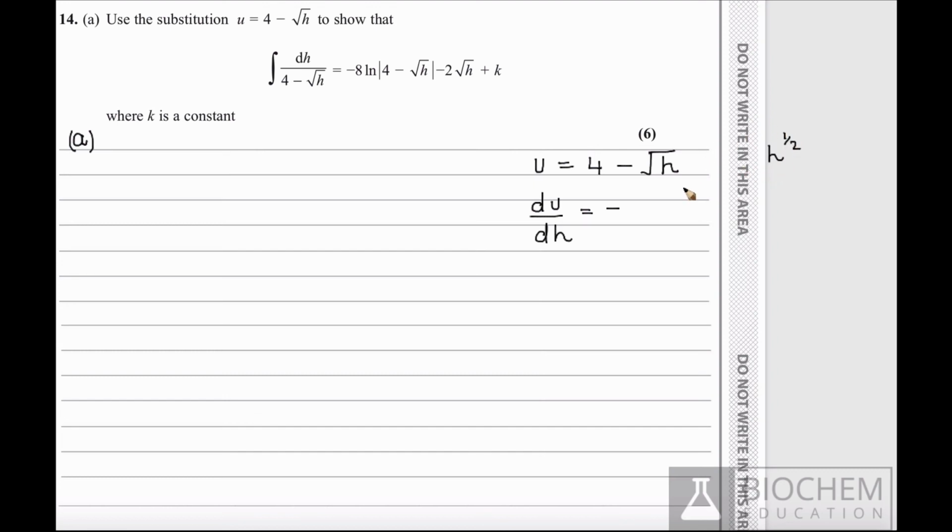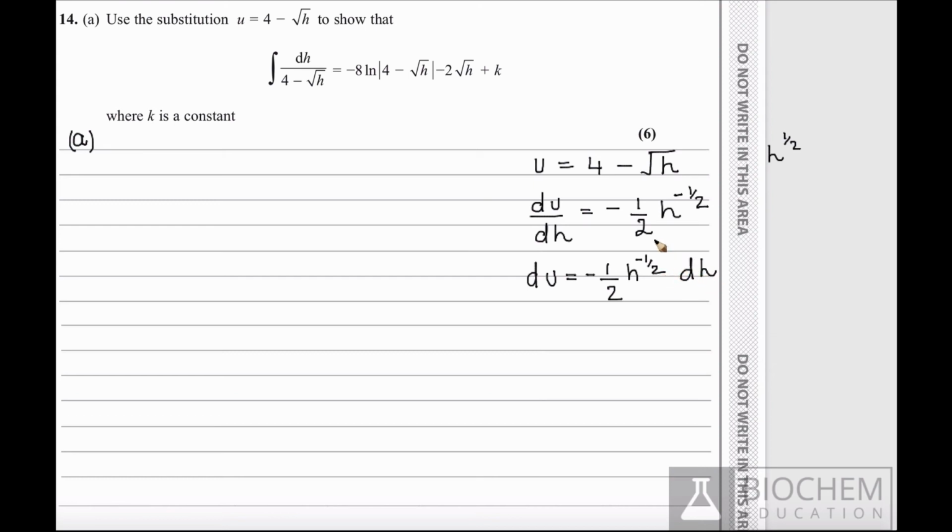So multiplying half in front, we will get negative half h, and we subtract 1 from the power. So this becomes negative half. So du over dh is equal to negative half h to the power of negative 1 over 2. We can move dh to the other side and write this as du equals negative 1 over 2 h to the power of negative half with respect to dh.